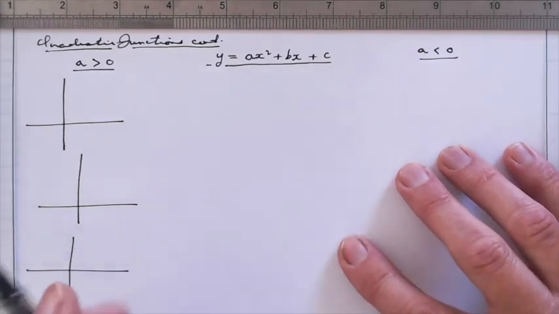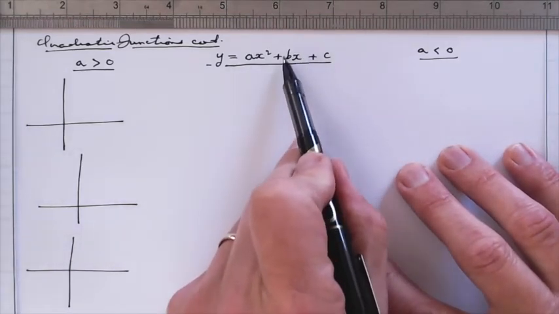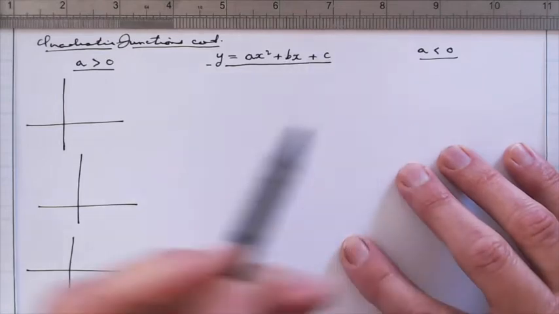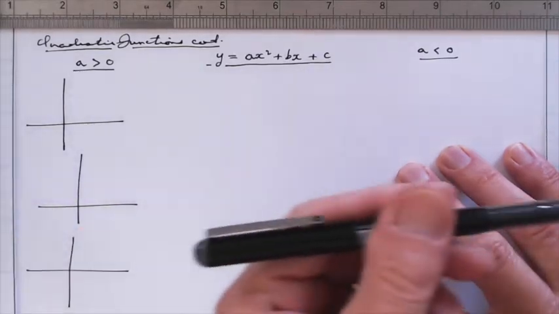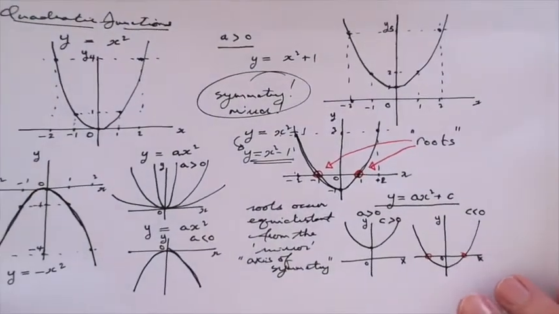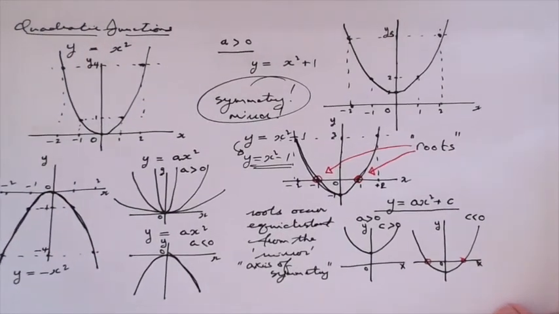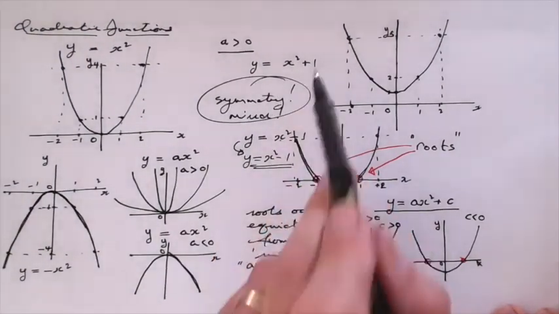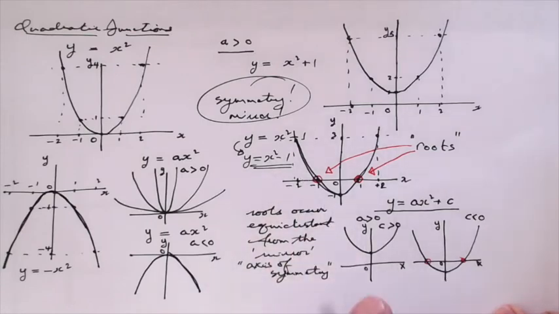Right, now as I say, this term bx, it pushes the parabola to the left or the right. If we just quickly go back, look at the first tutorial, the notes here. We were actually looking at parabolas like x squared plus 1 or x squared minus 1.